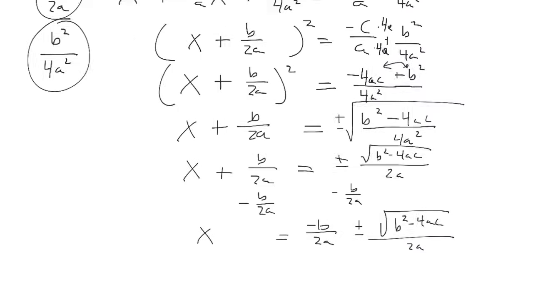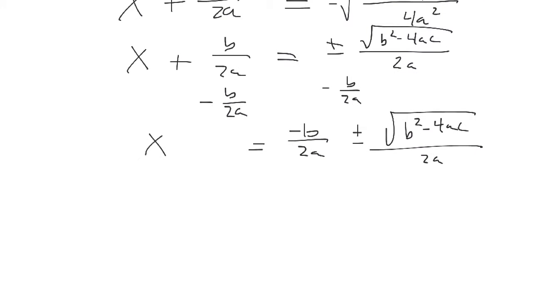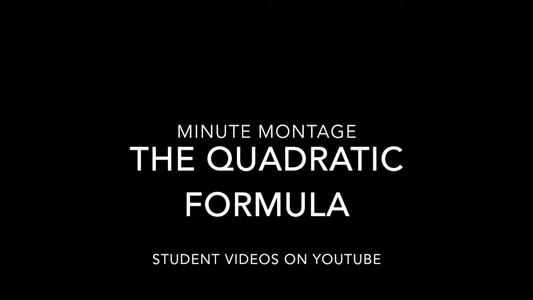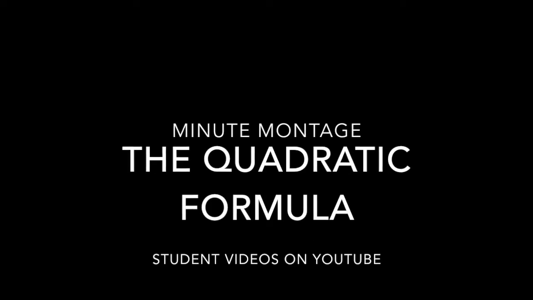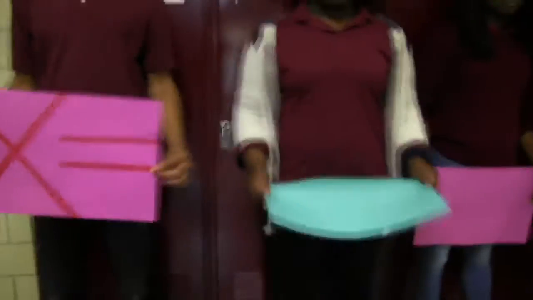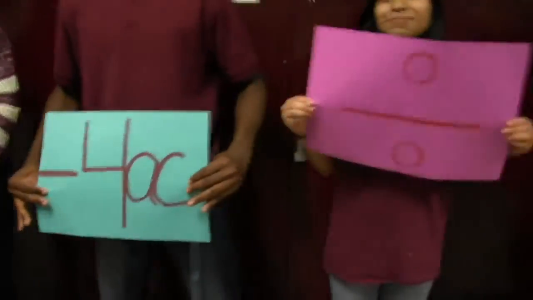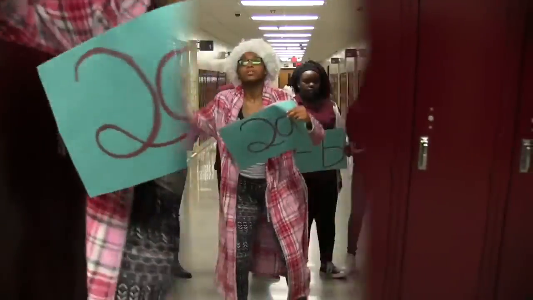And then combining the fractions, we get x is equal to negative b plus or minus the square root of b squared minus 4ac all over 2a. X equals negative b plus or minus square root b squared minus 4ac divided by 2a.